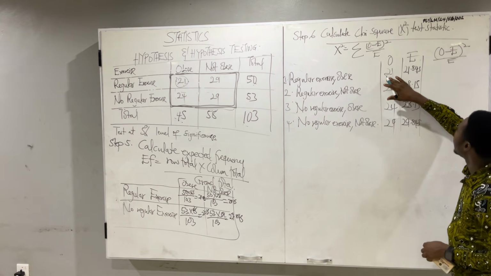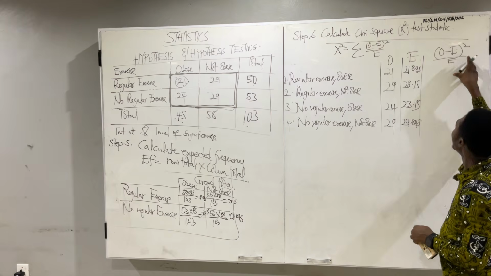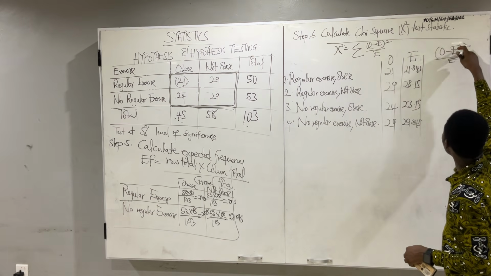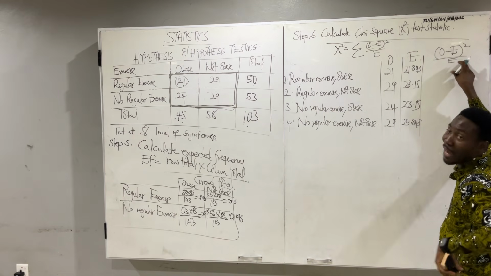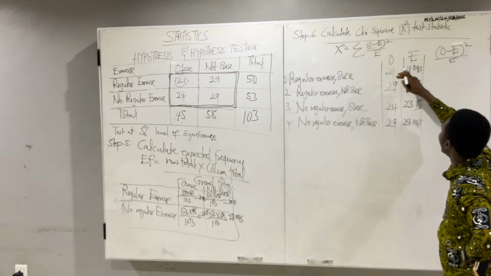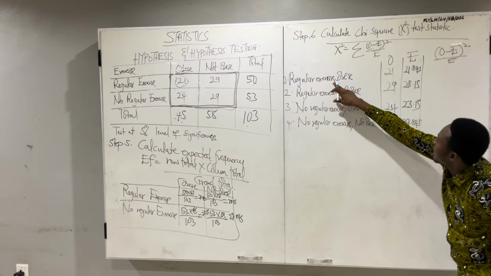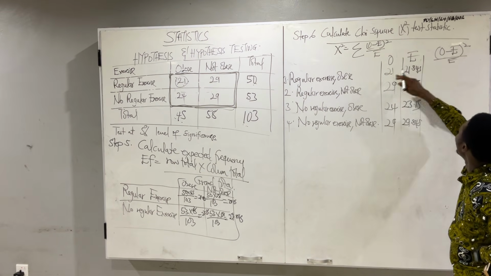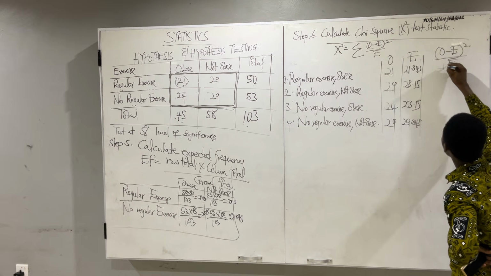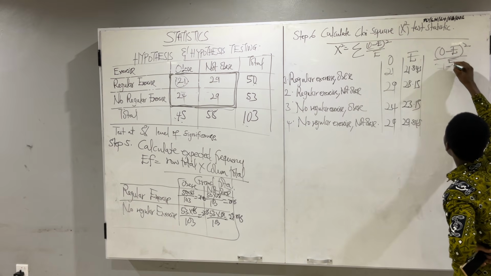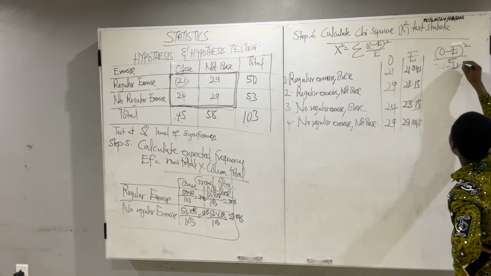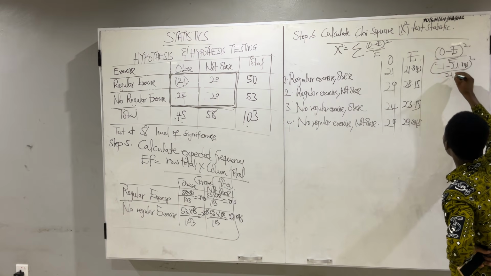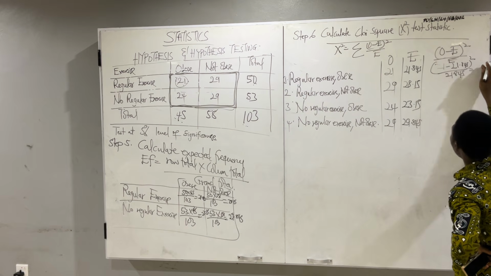Then you substitute them into the formula. Capital S squared, observed minus expected, close the bracket, all squared, all over E. For this category, regular exercise who are obese, observed is 21, so we have 21 minus expected 21.845, squared, divided by 21.845. Then you write the answer.